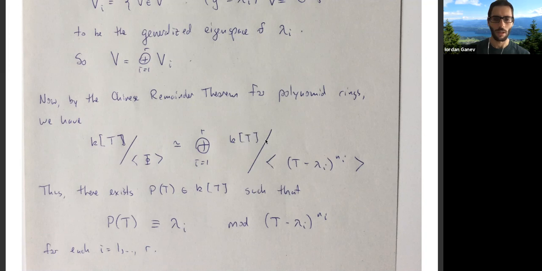So we just take a constant in each factor. That constant is lambda_i. By this isomorphism, we know that there's some p of t, some polynomial, such that when we mod out by (t minus lambda_i) to the n_i, we just get lambda_i. So we use this isomorphism in this way.